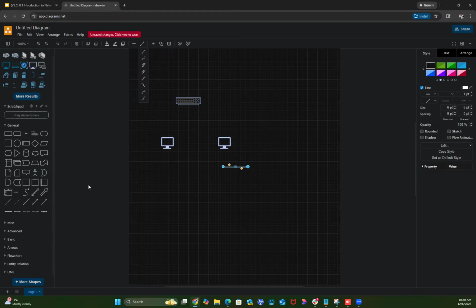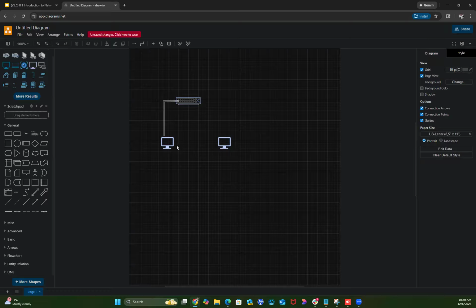Link. So we're using this link from one computer to the other, to the switch.